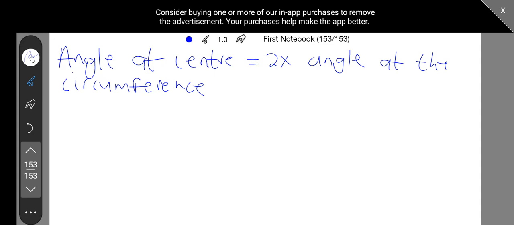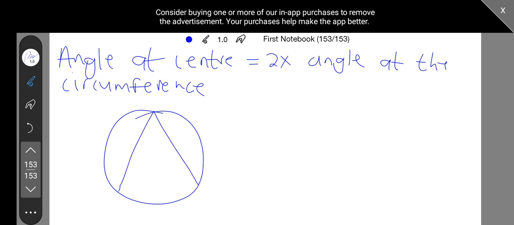It's straightforward, right? So, let's say I've got a circle and we've got this. And let's say it's A, B, C, and it's O. So, what is the angle at the circumference?